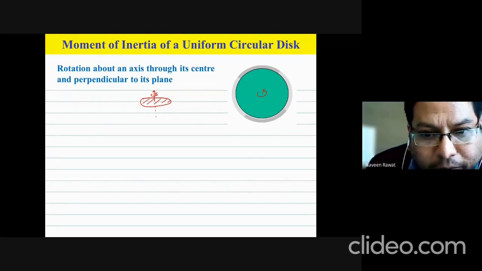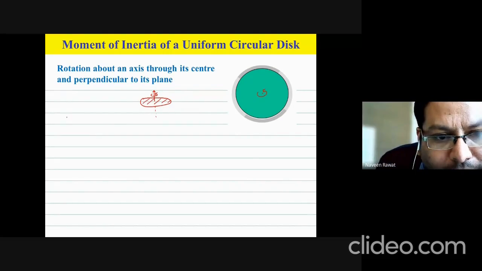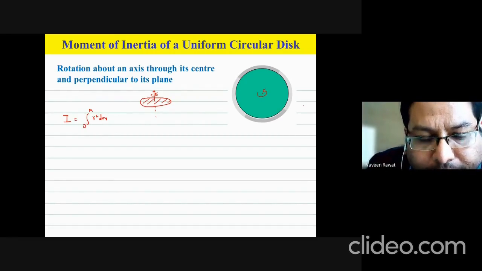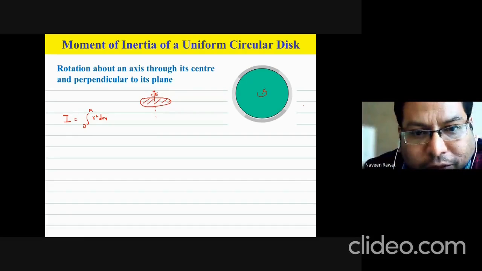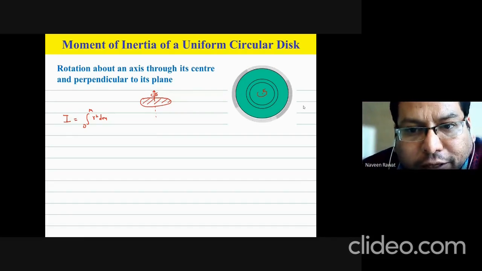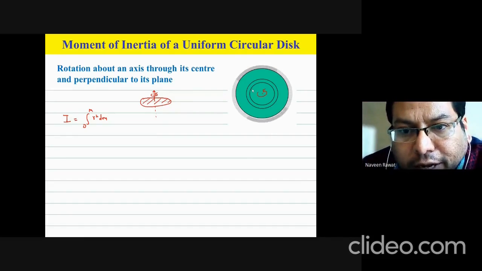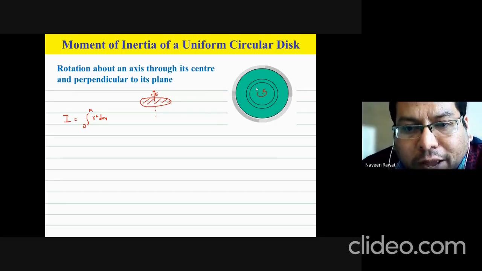Again, the strategy has to be the same. We have the integral, I will be 0 to M of r square dm. We will have to consider a small mass element. But now it is not a one-dimensional case, it is a two-dimensional case. So you have to consider a ring that has a certain mass.